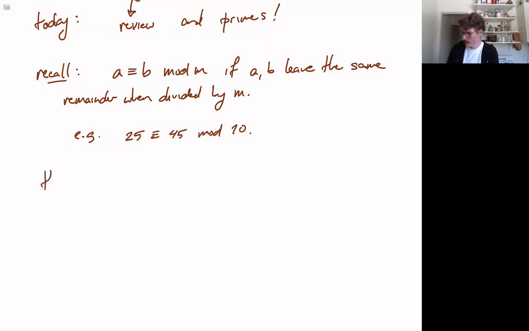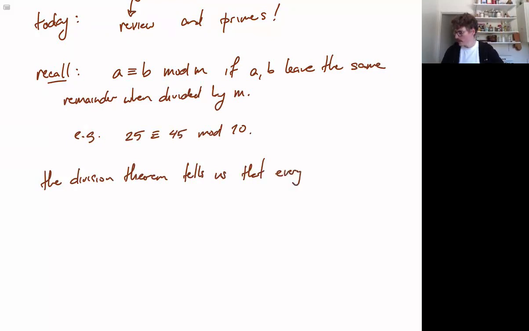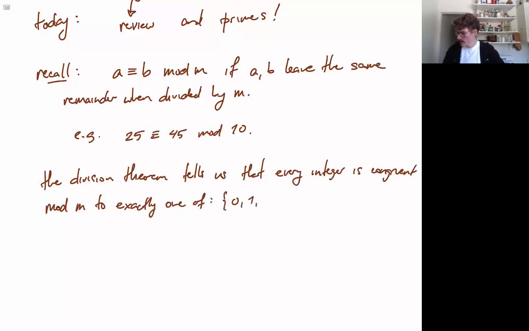So the division algorithm, or the division theorem, tells us, in particular, I'm not going to repeat the whole division theorem, but remember one consequence is that every number is congruent modulo M to exactly one of the following: basically 0 through M minus 1.